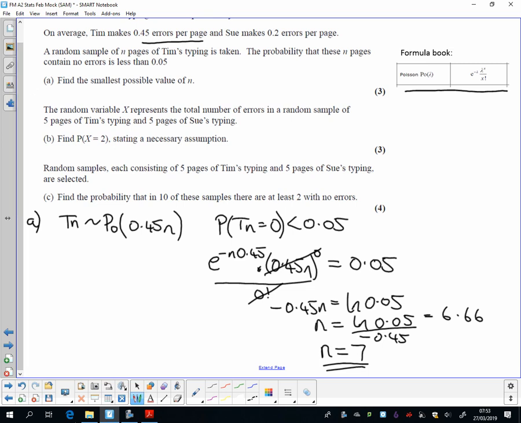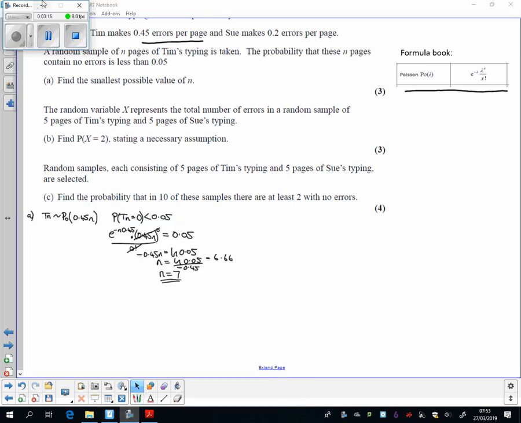Right, so once we've done that, now we're told how many pages. So we've got the number of errors in a sample of 5 pages of Tim's typing and 5 pages of Sue's typing here. So what have we got?